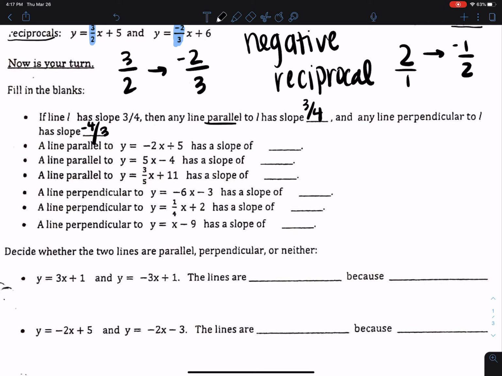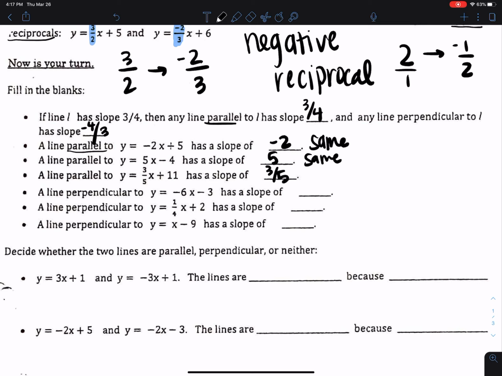The next one, any line parallel to y equals negative 2x plus 5 would be negative 2 because they're the same. Any line parallel to y equals 5x minus 4 has a slope of 5 because they're the same. And the next one is 3/5, because it's y equals 3/5 x plus 11, so it's just the same slope.